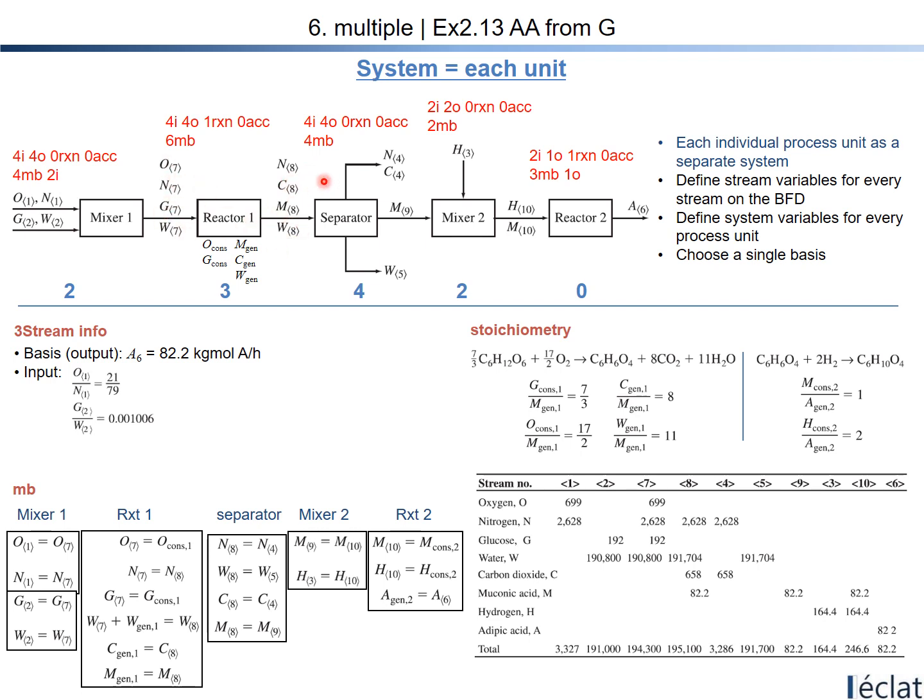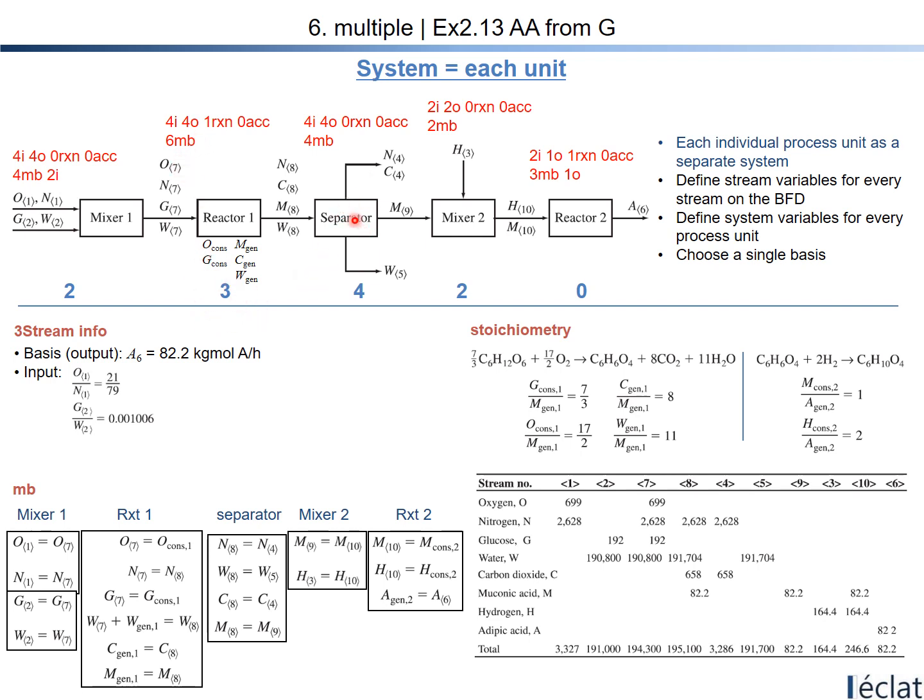So 6 components could be used for the material balance equations. So 6 material balance equations. We don't have any more information about that. So 9 minus 6 is going to 3.